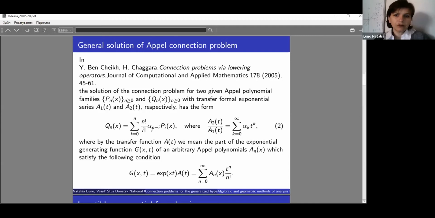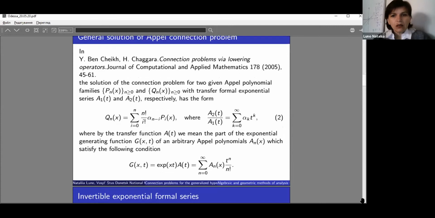And these coefficients alpha_{n-k} are always series quotients.